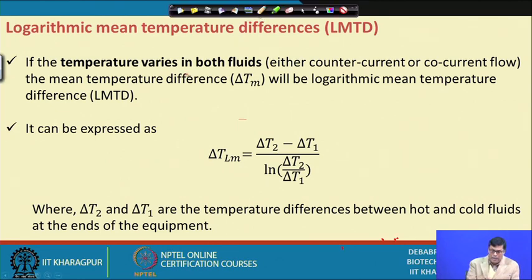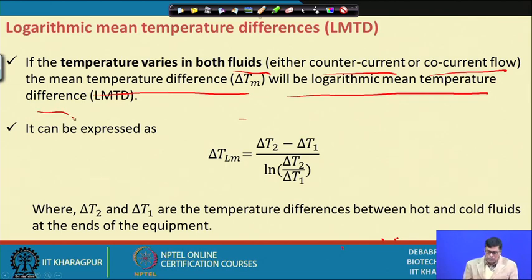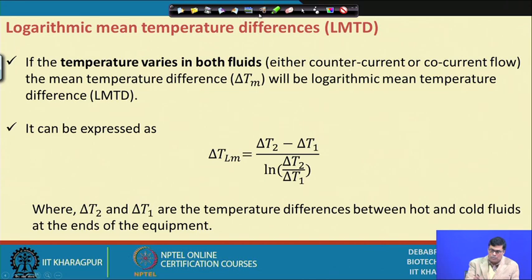If the temperature varies in both fluids, in either counter current or co-current flow, the mean temperature difference will be the logarithmic mean of the differences. So, it will be del T2 minus del T1 divided by ln of del T2 by del T1. This logarithmic mean value is considered in calculations.